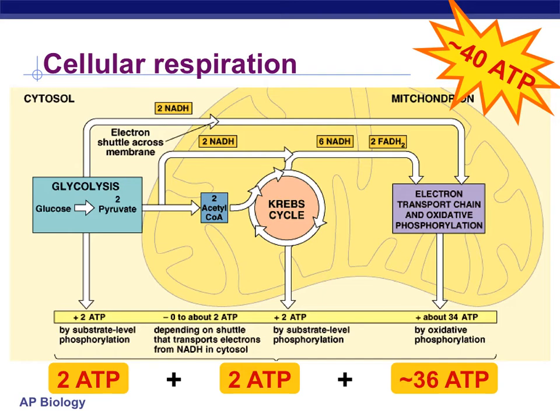So even using about 2.5 as the average, somewhere between 2 or 3, we end up with around low 30s as more accurate for ATP molecules. The point is, a lot of ATP molecules are harvested from the complete oxidation of glucose and the electron transport system.